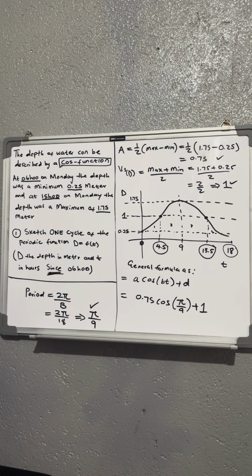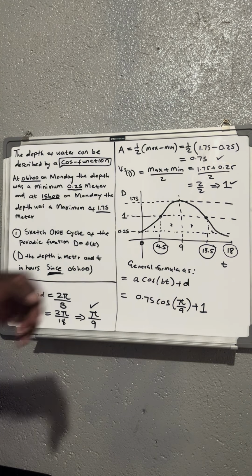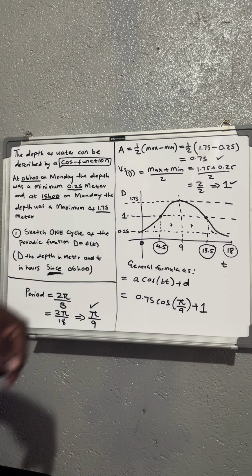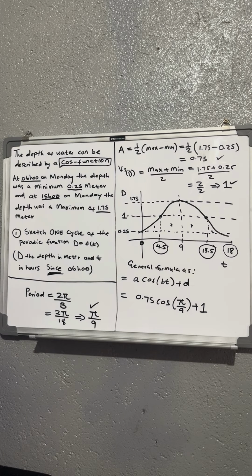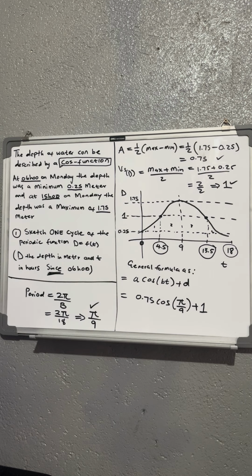We are finished, but we have to check the shape of our graph. Our graph is like this. Remember what I said with the concavity of our graphs. If the graph is like this, it's concave down, it means it's a negative graph, and if it's concave up, it's increasing, that means it's a positive graph.